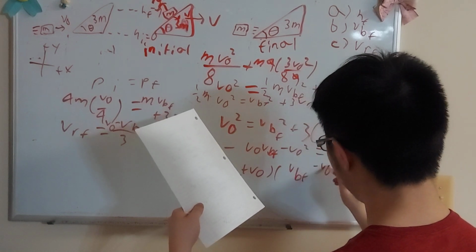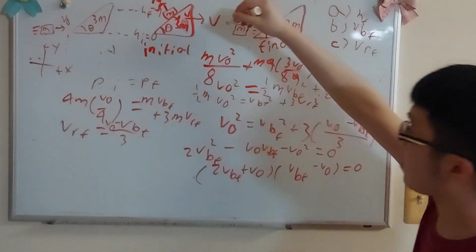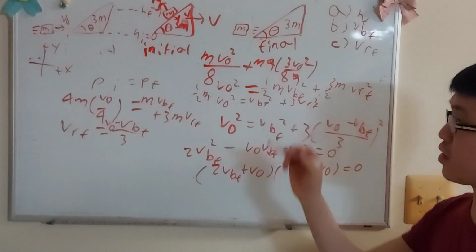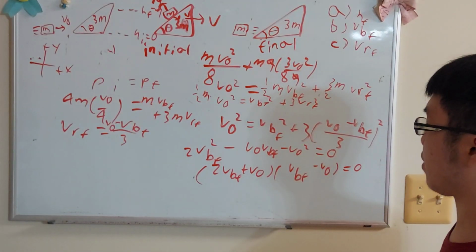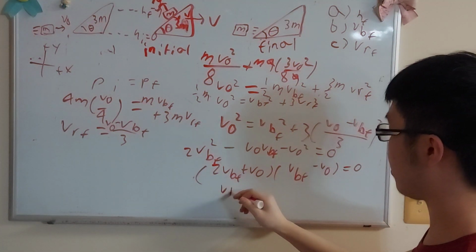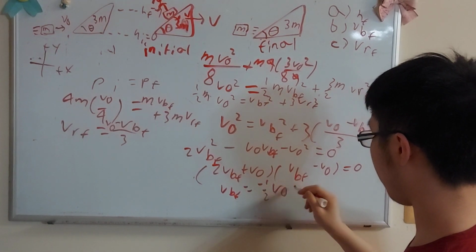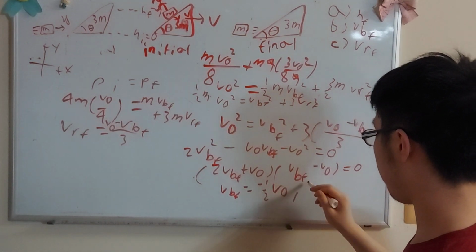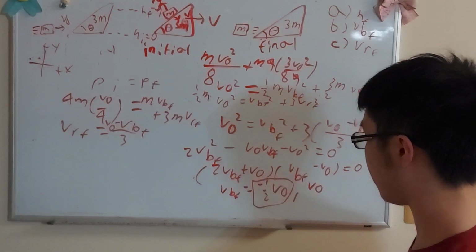Let's look back to the diagram I just showed. It only makes sense that the block moves left after it goes down the incline, which means that our answer has to be negative according to the coordinate system. And we see here that there's one positive answer and one negative answer for our final velocity of the block. It has to be the negative answer based on what I just said.